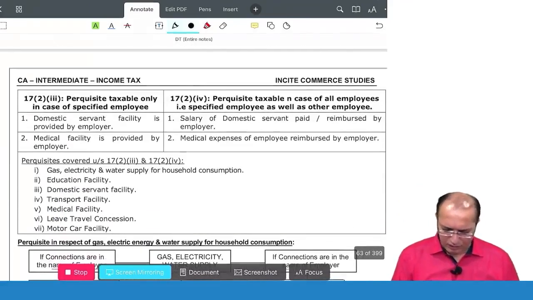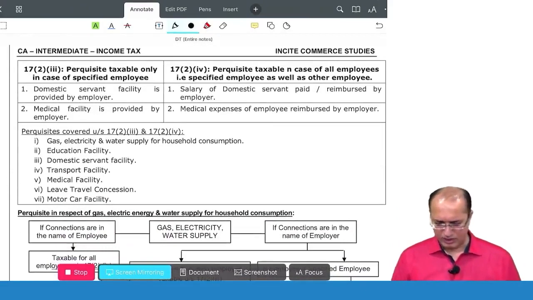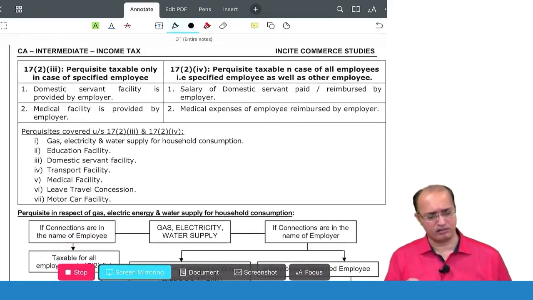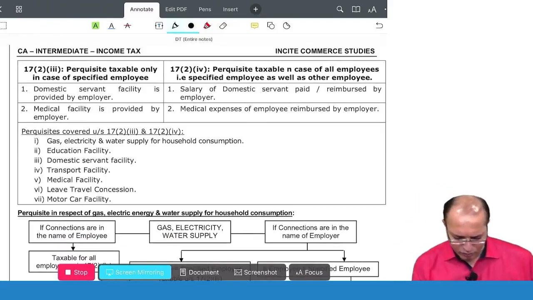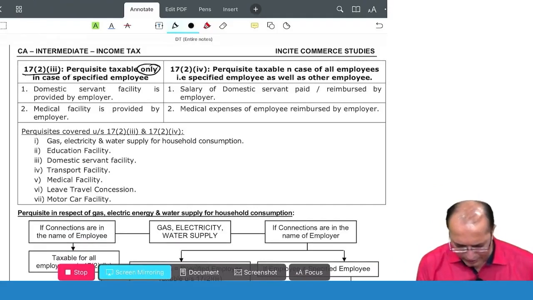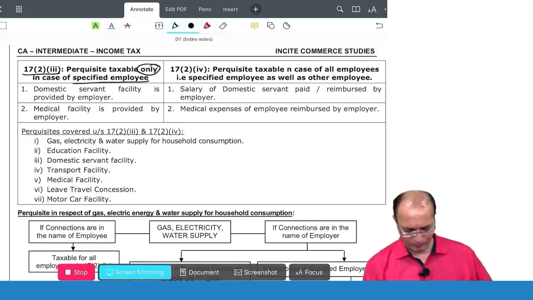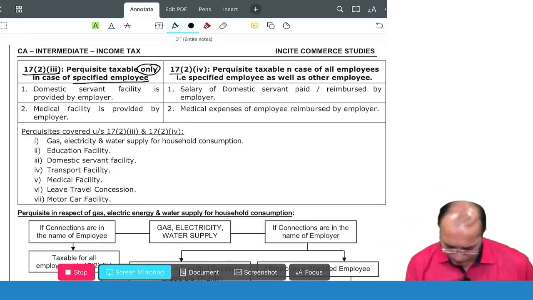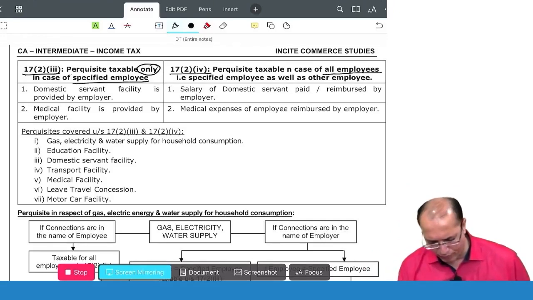Now here I have given you the comparison between 17(2) clause 3 and clause 4. Here I have given you the comparison that I explained by writing. The same thing is written here. See, 17(2) clause 3: perquisites taxable only in case of specified employee. 17(2) clause 4: perquisites taxable in case of all employees.